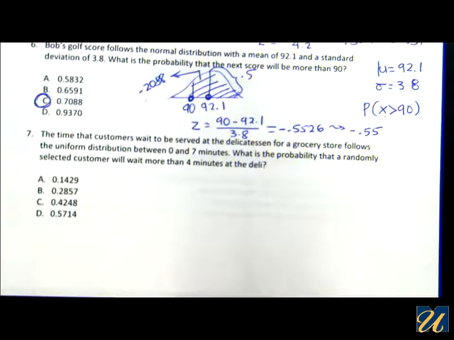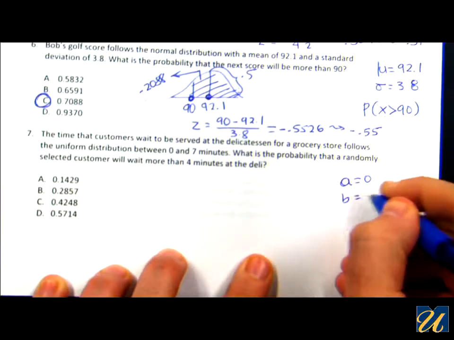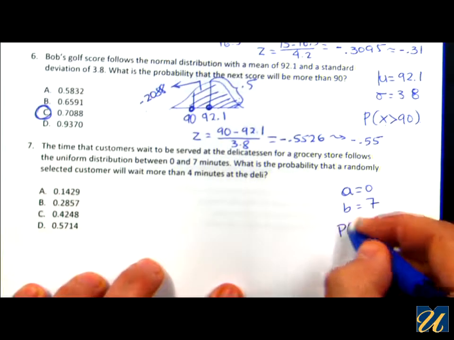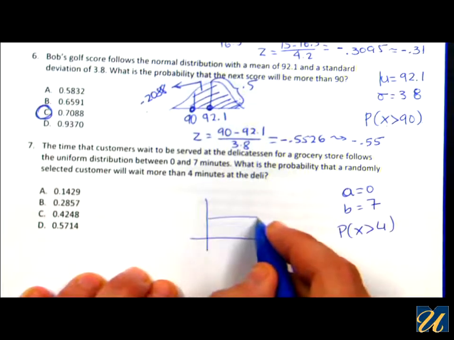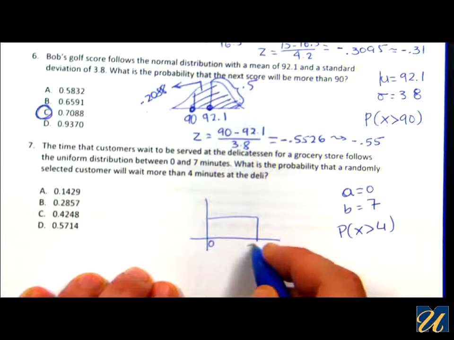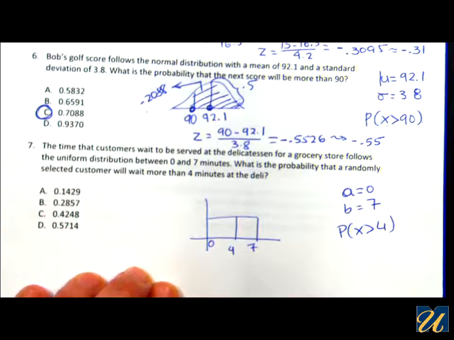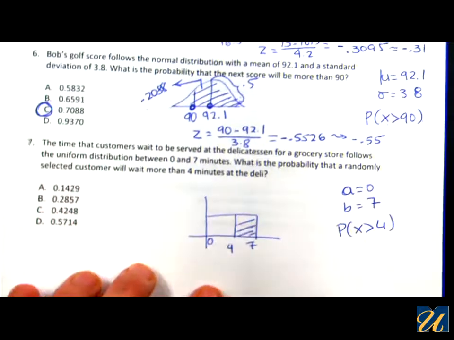The time that customers wait to be served at a delicatessen for a grocery store follows the uniform distribution between 0 and 7. What is the probability that a randomly selected customer will wait more than 4 minutes? So x greater than 4. If we were to graph 0 to 7, 4, let's say is here, x greater than 4, I'm looking for this area.